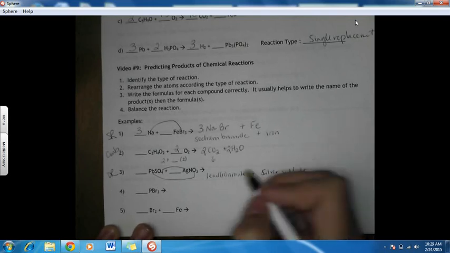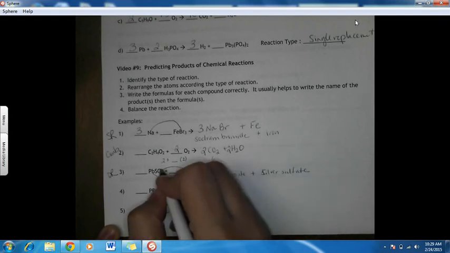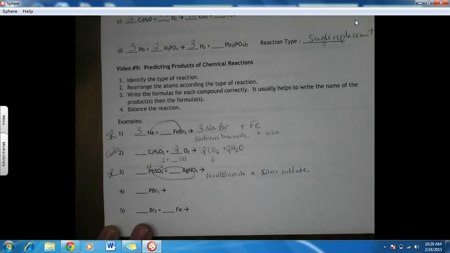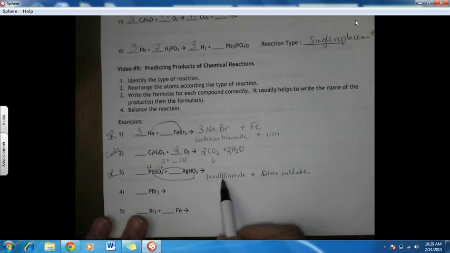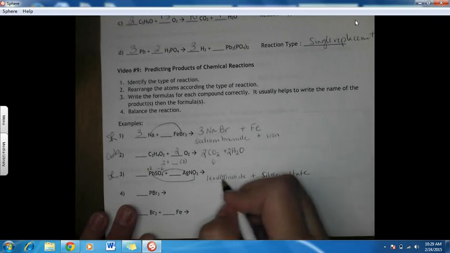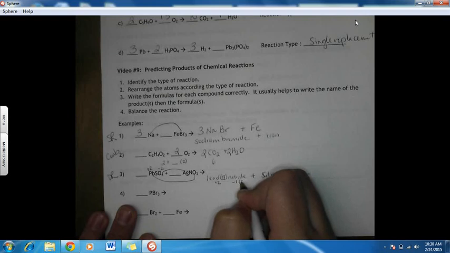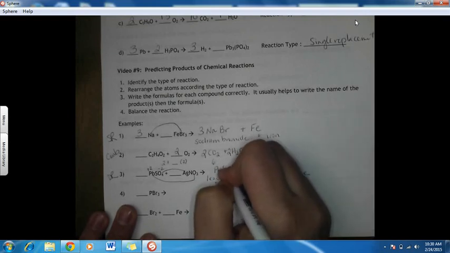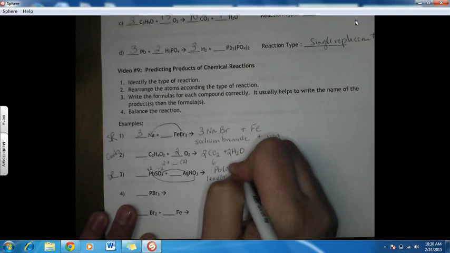Okay, now I know this is lead 2 because I know the charge of sulfate is -2, so lead had to be a +2. So since lead's a +2 on the left, it's going to still be a +2 on the right. And so since lead is +2, nitrate is -1, I'm going to need 2 nitrates. So it's going to be Pb, nitrates NO3, 2.